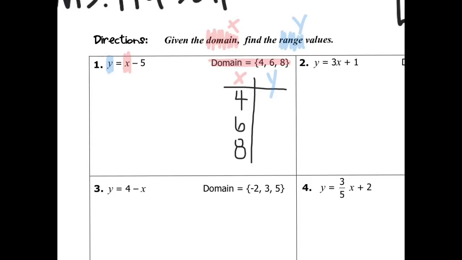So I'm going to do a little calculation here, and I am going to say that my y value for the first one, my y value will be equal to my x value of 4 minus 5. So if I can do a little bit of quick PEMDAS math, I know that 4 take away 5.